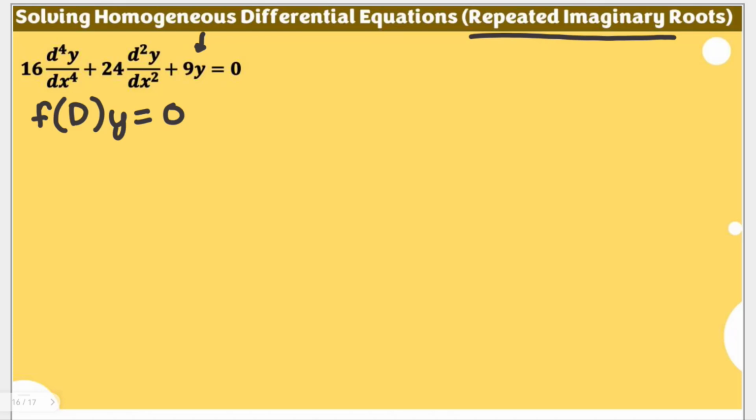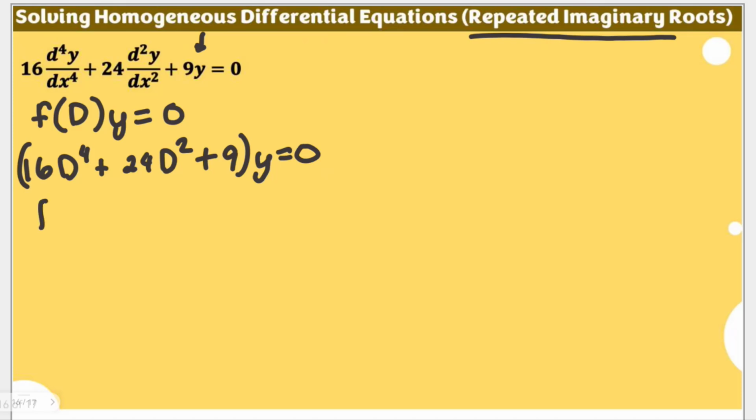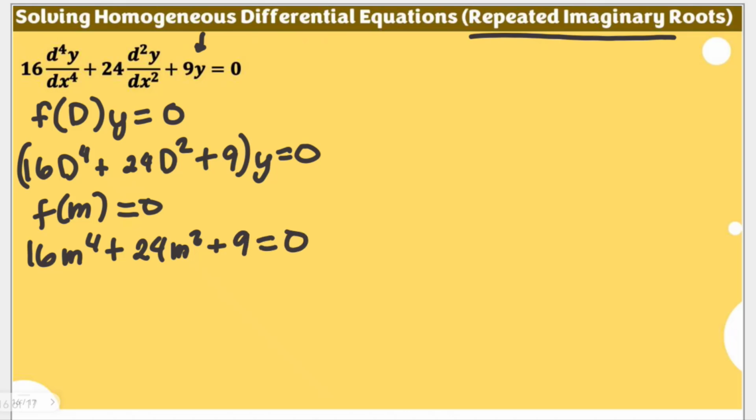That means the form of this equation would be 16D to the power of 4 plus 24D squared plus 9, multiplied to y, is equal to 0, which will then be followed by our auxiliary equation where we use m. So you have 16m to the power of 4 plus 24m squared plus 9 equal to 0.